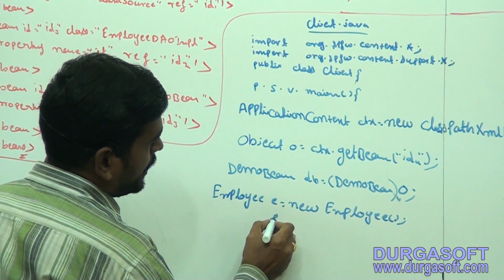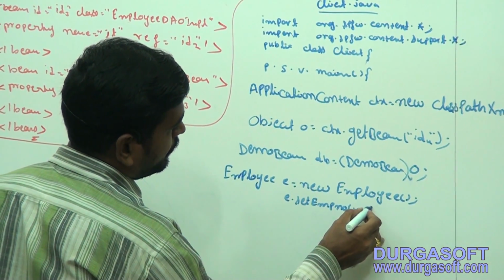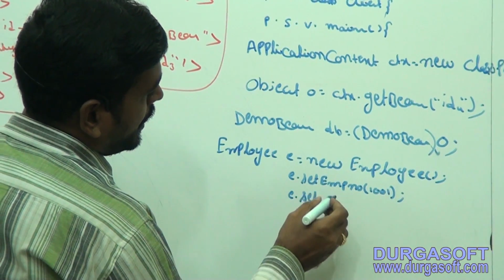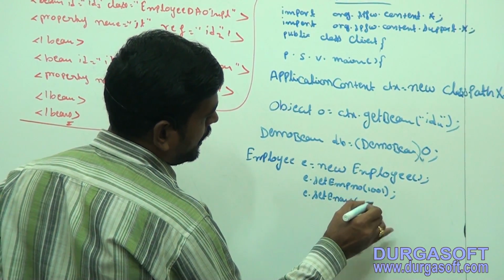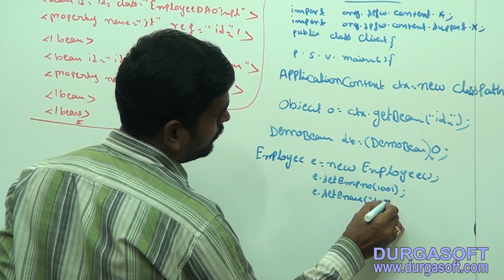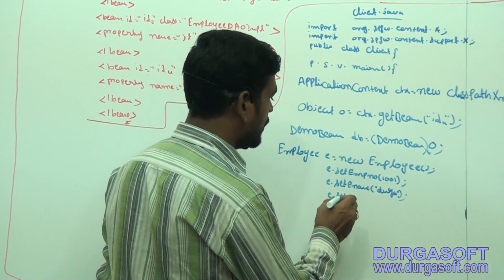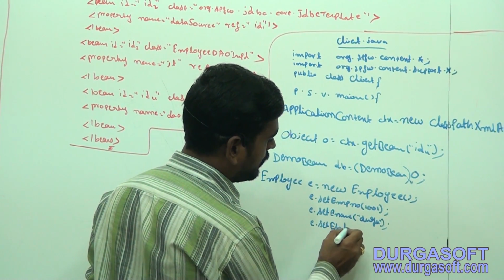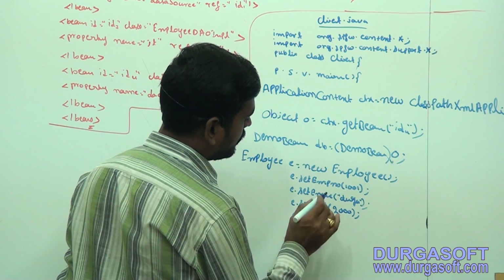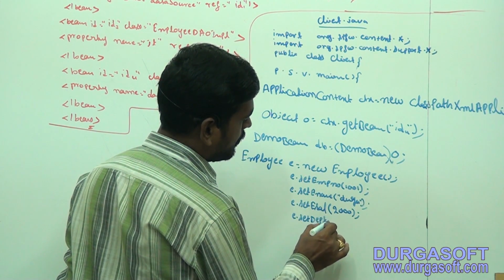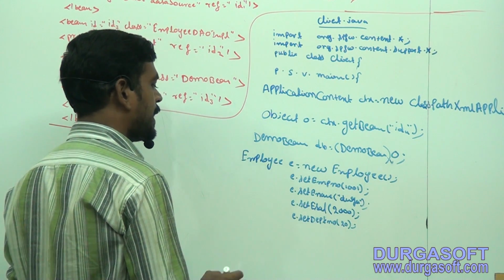Then next e.setEmpNumber(1001), e.setEname("Durga"), e.setESal(2000), e.setDeptNumber, now here 20th department.